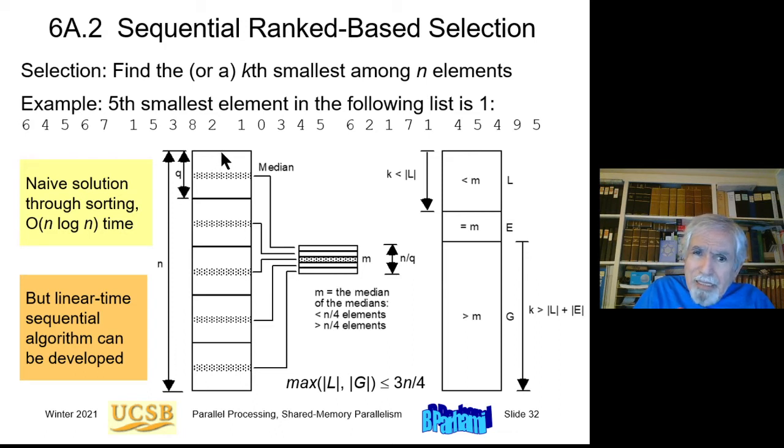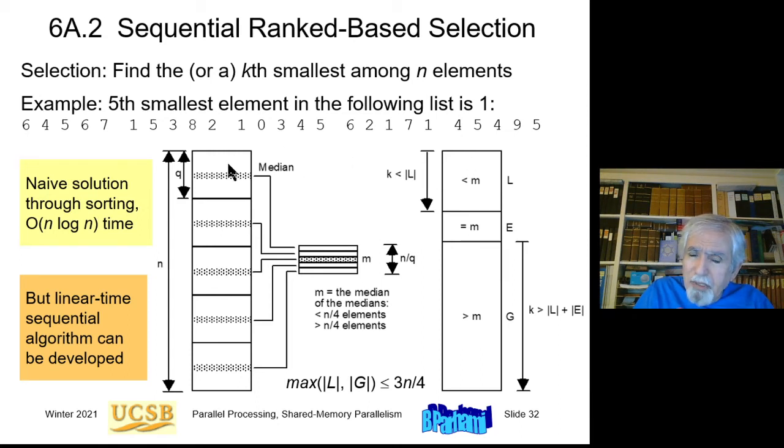I can scan this list just once from beginning to end, and I know the value of m at this point. Every time I encounter a value that is less than m, I put it here and increment the pointer. Basically, I start filling this list from the top with elements that are smaller than m.